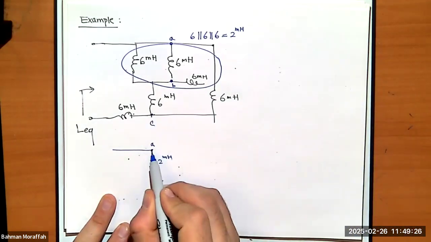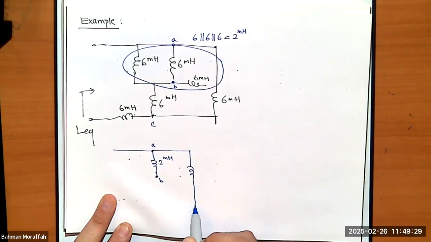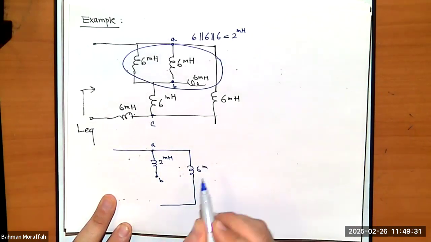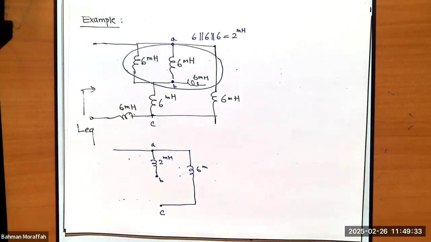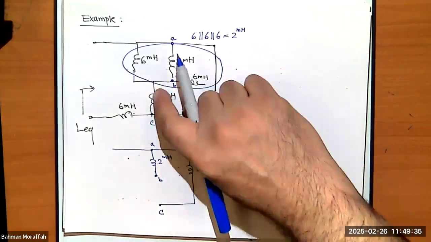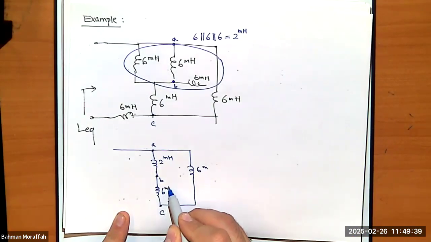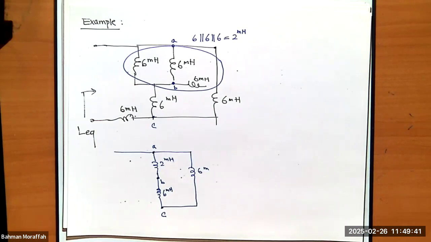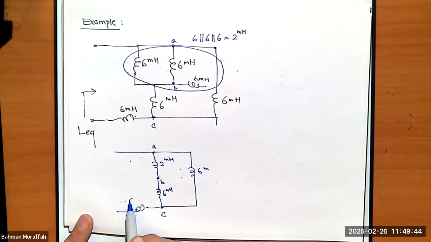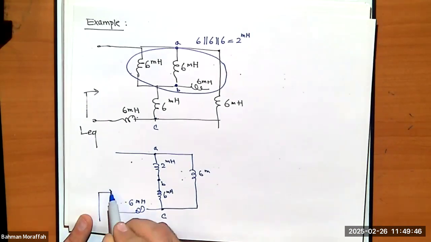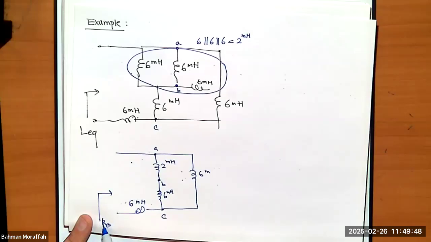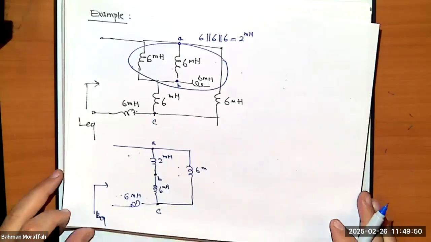Let's just call this C. It should go between A and C. This 6 should go between B and C, right? And then I have the 6 millihenry.